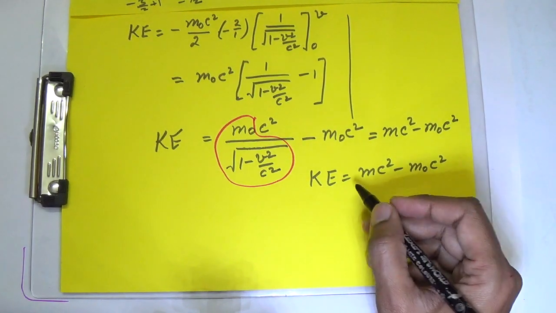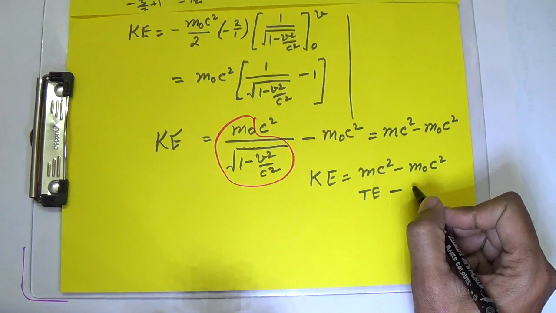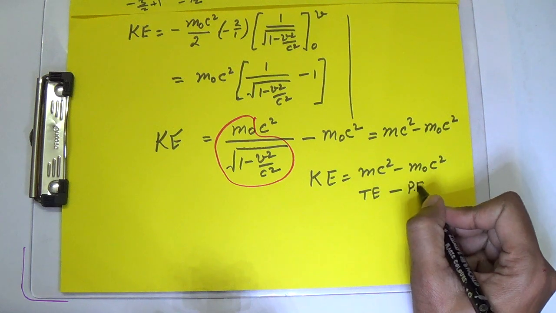We know that kinetic energy is equal to total energy minus rest mass energy, that is potential energy.